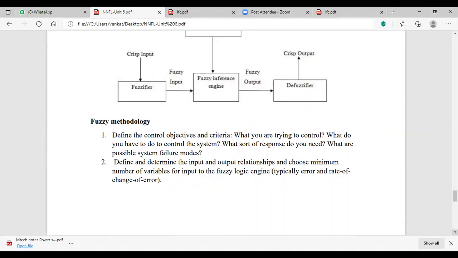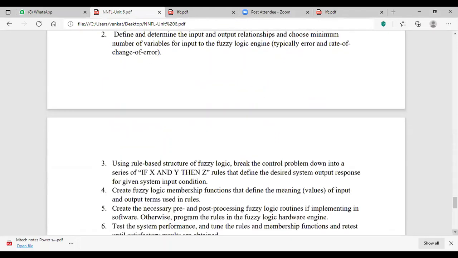You need to derive some minimum number of variables for the input of fuzzy logic engine. So here you are selecting error and rate of change in error. E is indicating error and rate of change of error is CE.